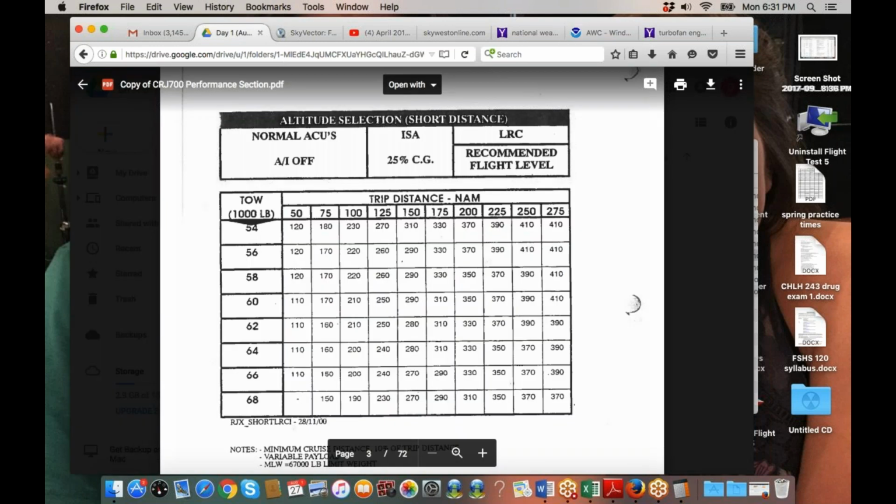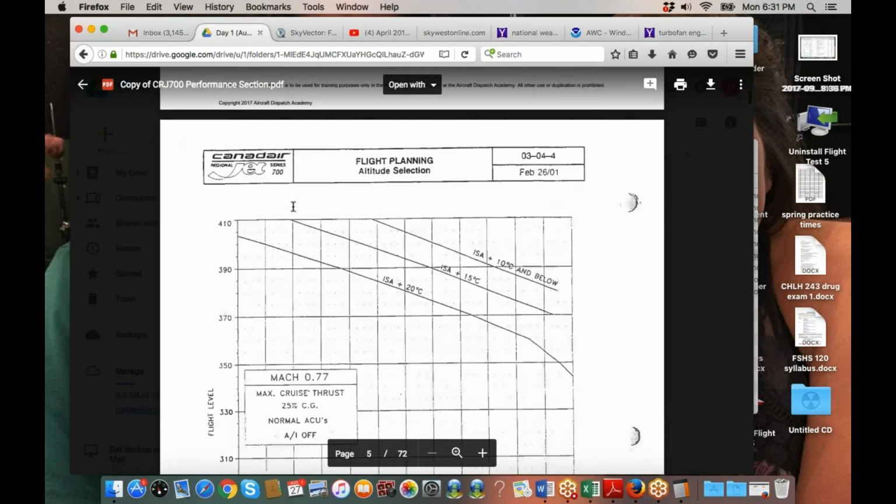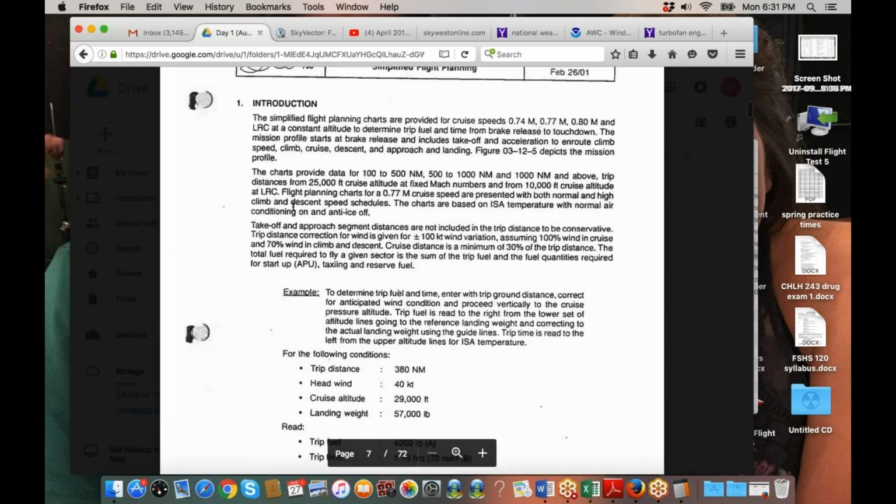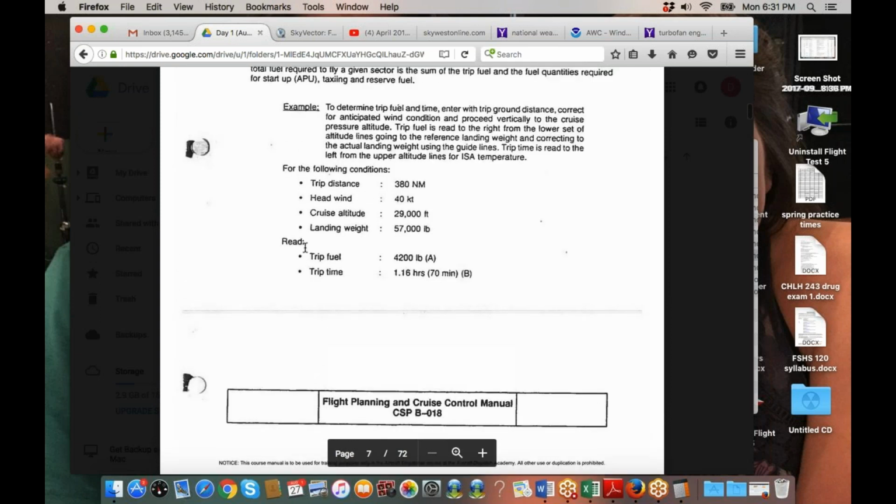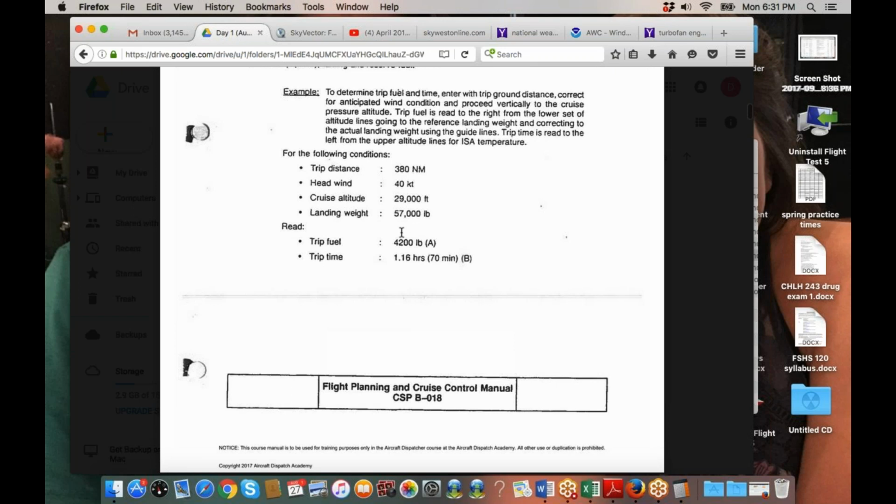And what's the last thing we need? Some weights. We're going to be landing, let's say Bloomington needed an alternate, and so we're going to be landing at like 64,000 pounds.